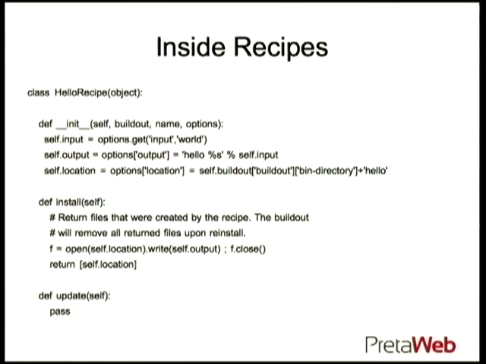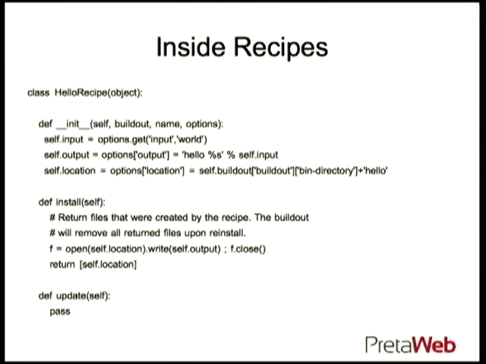So here we're expecting an argument called input. We're setting an output all ready to go for when we do something, and we're setting a location, which in this case we're using the global build-out state to say we want the bin directory and we want hello object to be created.